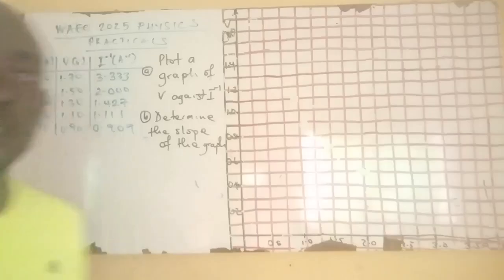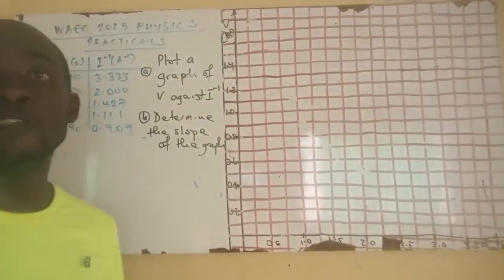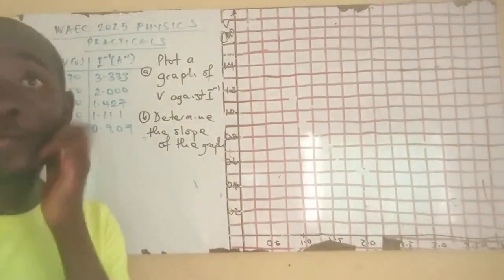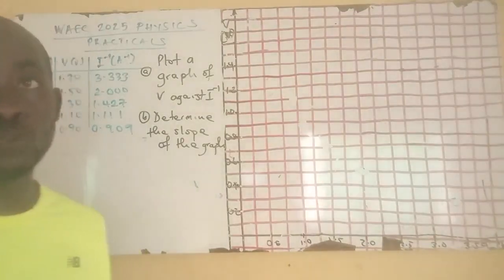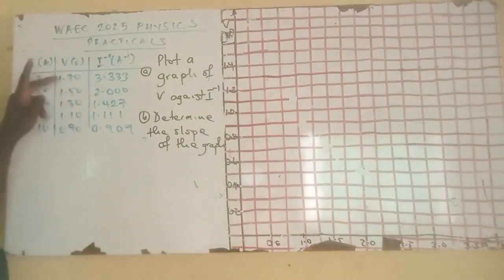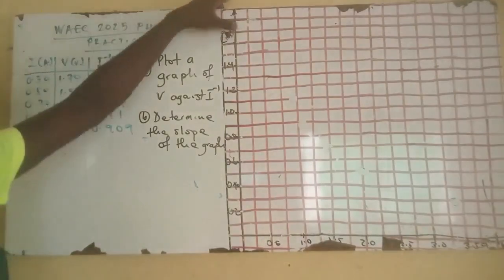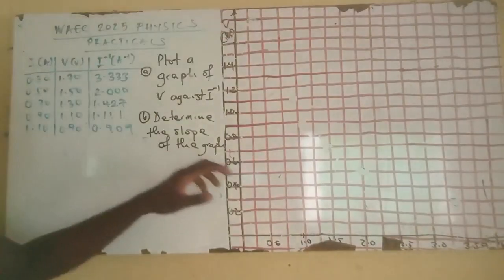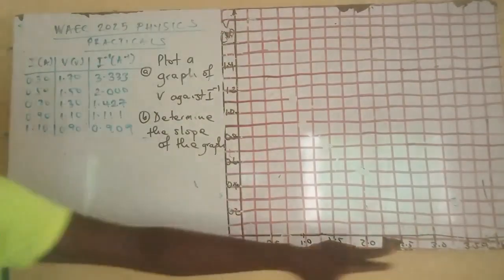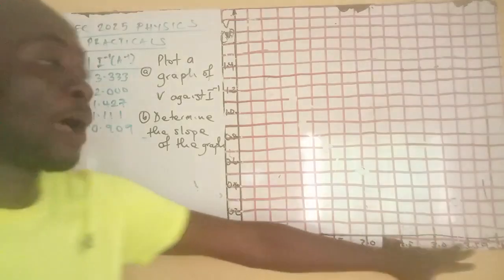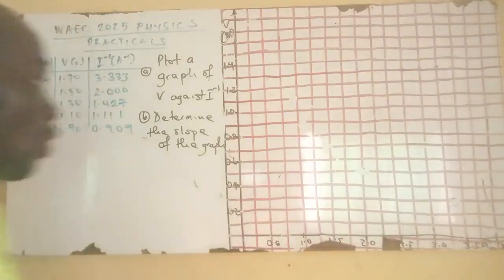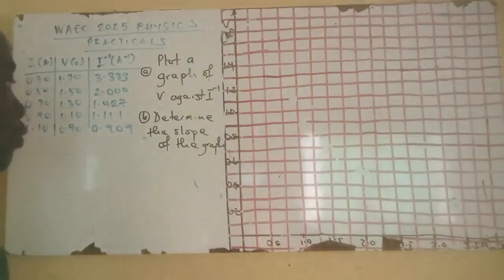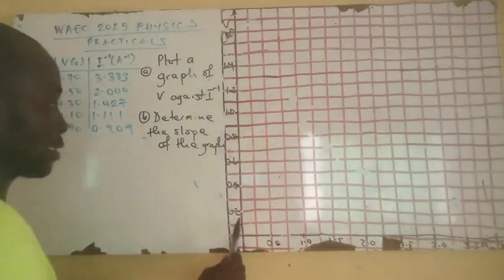They say that we should plot a graph of V against I raised to power minus 1. It is very simple to do. Now this is our V. We put it on the vertical axis, and this is our I raised to power minus 1. We put it on the horizontal axis. Now how do we go about it? We are going to select our scale.